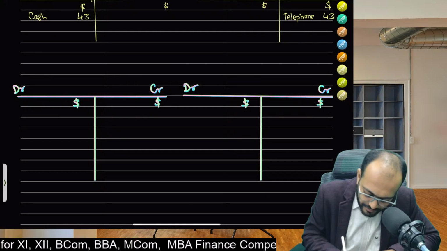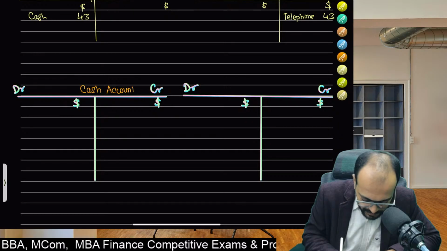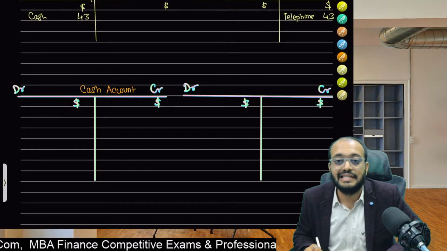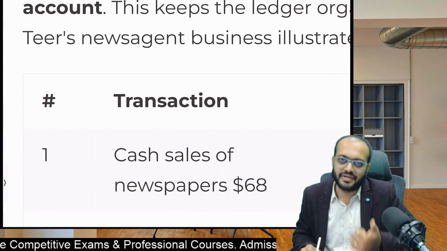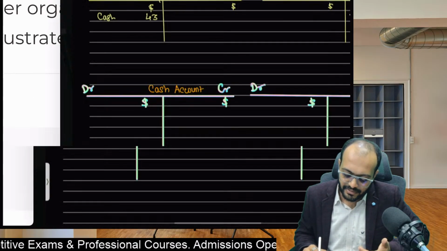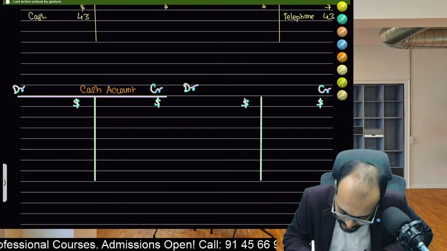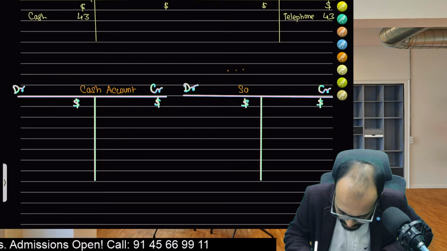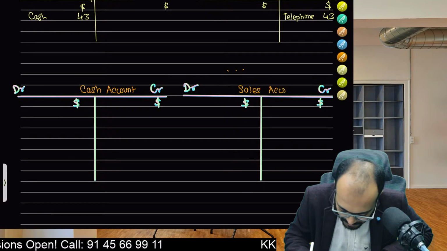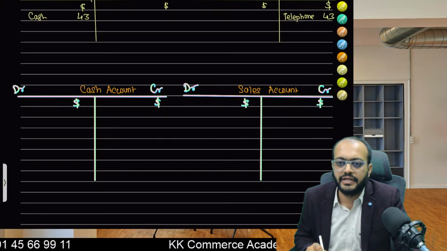So one account is the cash account, and we are selling the newspaper. Newspaper is goods for us, and since it is goods, we use either the purchase account or the sales account. Since the transaction belongs to sales, we write the sales account. Cash account should be debited because cash comes into the business.